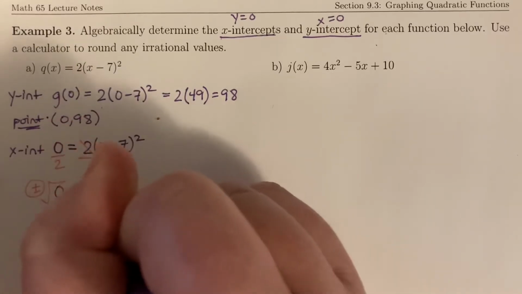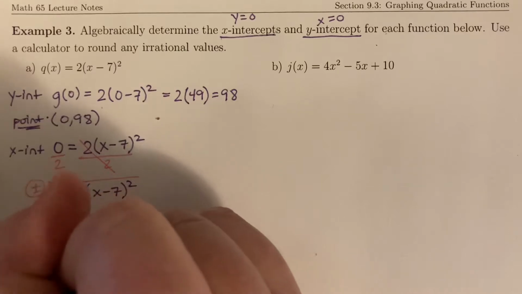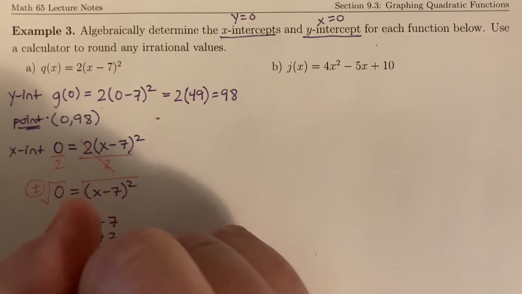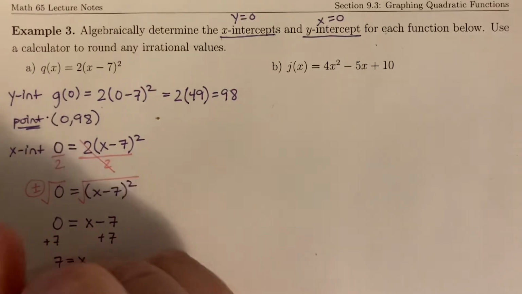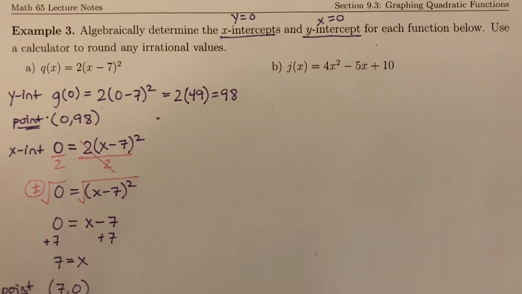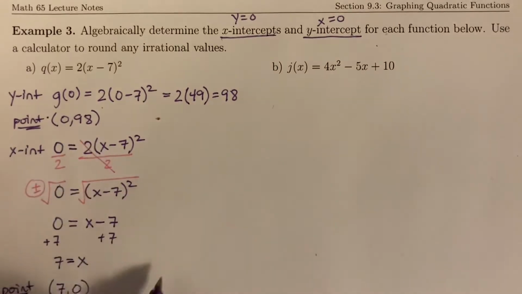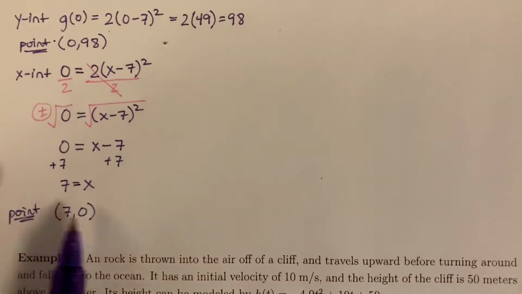We get 0 is x minus 7. So if I add 7 to both sides, 7 equals x. So that makes the x-intercept the point, and again, intercepts are points, 7, 0. So we have the y-intercept is 0, 98, and the x-intercept is 7, 0.